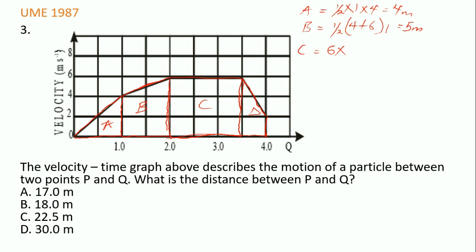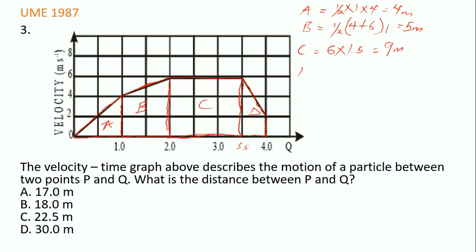The breadth is going to be, we know this is going to be 3.5, so from here to here the difference is going to be 1.5, so times 1.5, so we have 6 times 1.5, which is going to be 9 meters.